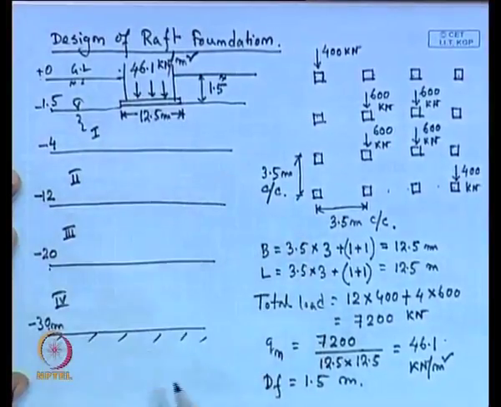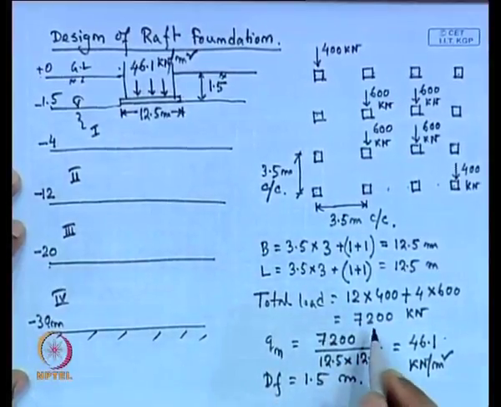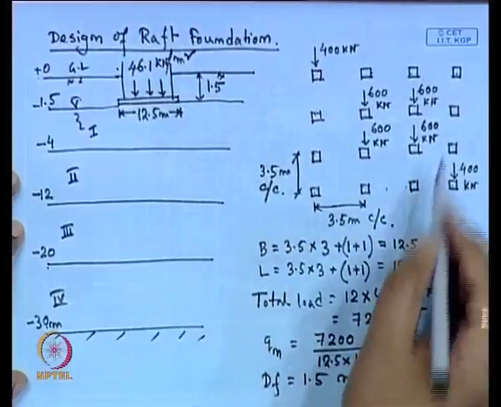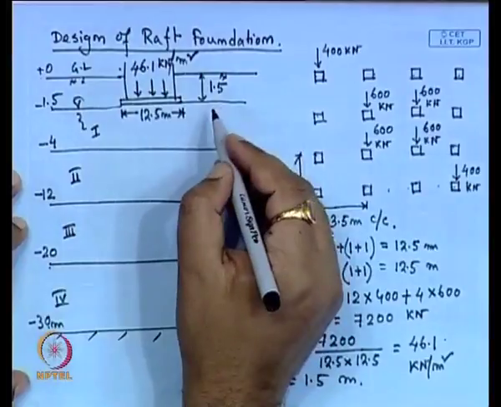So, this is the soil condition, this is the loading condition, and these are the dimensions. For the first trial we have chosen this dimension, this is the total load acting, and this is the foundation grid pattern. Now, we need the soil properties.